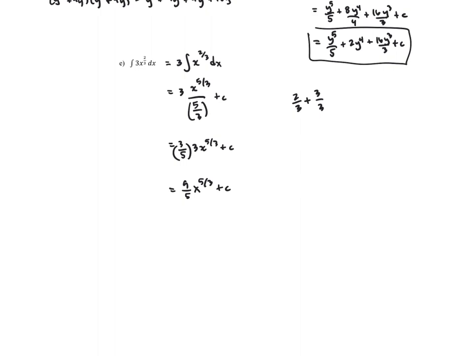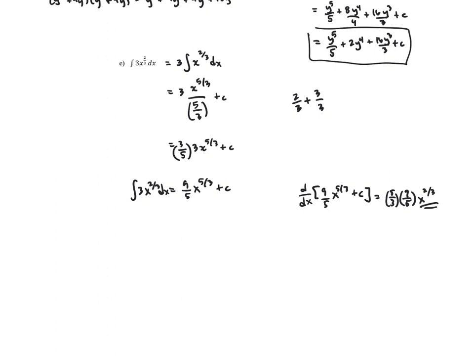Now, I want to confirm that this is true. So I'm going to quickly take the derivative with respect to x of 9/5 x to the 5/3 plus c. I know the c is going to drop off, so let's multiply 5/3 times 9/5 times x to the, I'm using the power rule, so I've got to subtract 1 from 5/3, which leaves me with 2/3.